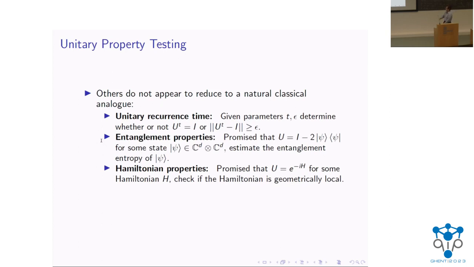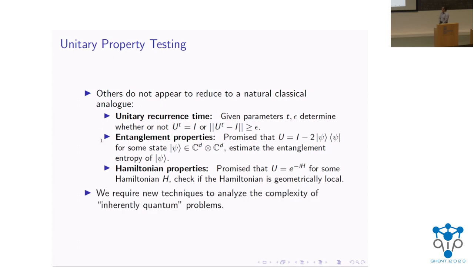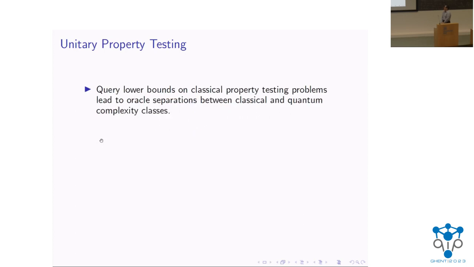And the last one here is you have a unitary that is some Hamiltonian evolution, and you want to know if that Hamiltonian, in this case it says geometrically local, but you could ask about any property of the Hamiltonian that some system is evolving under. For these types of problems, we're not going to be able to use the classical lower bounding techniques, so we'll have to come up with some inherently quantum strategies.